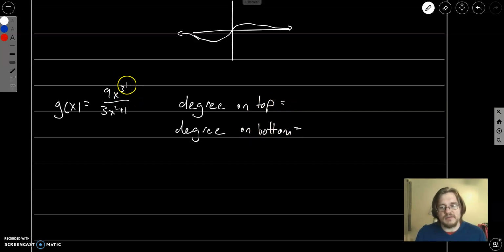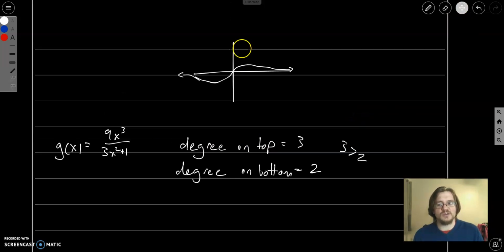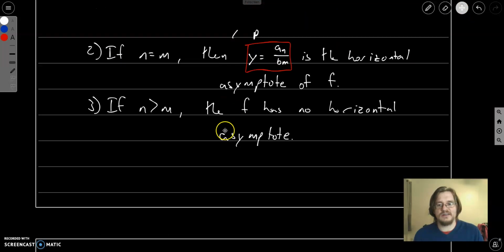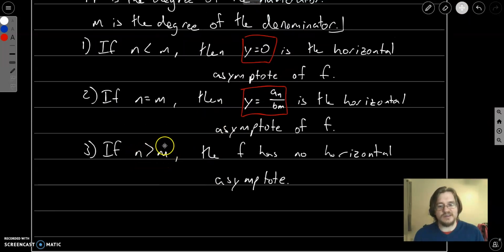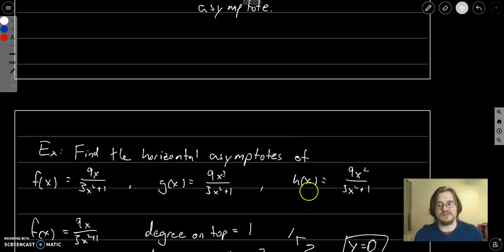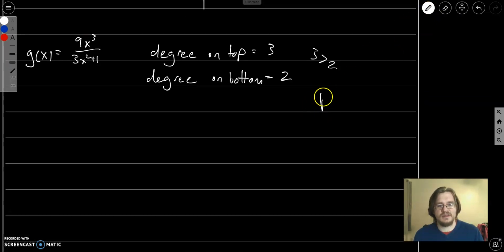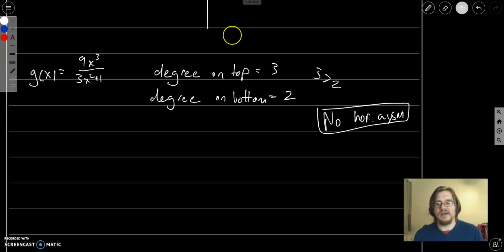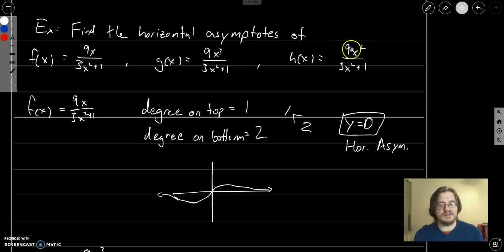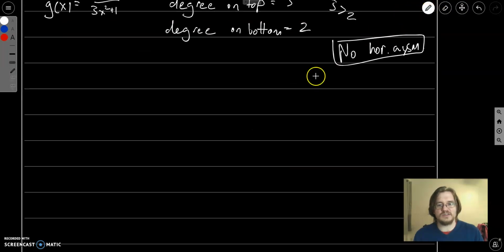Now the degree of the top of the fraction is going to be 3. 3 is the highest power of x, and 2 is the highest power of x on the bottom, and 3 is now in fact greater than 2. So if we come back to our chart, the degree on top is greater than the degree on the bottom. No horizontal asymptotes.